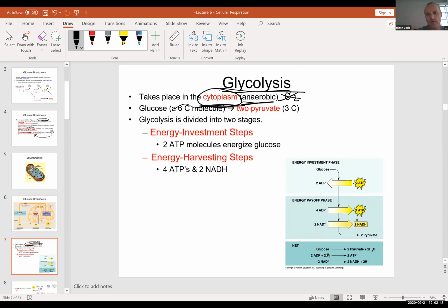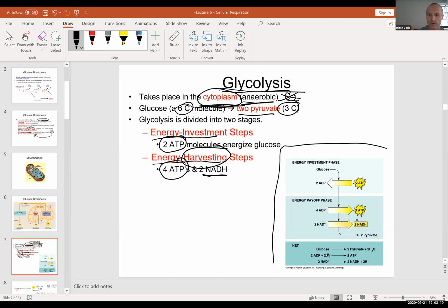A glucose is a 6 carbon molecule broken down into 2 pyruvates, because a pyruvate is 3 carbon. The first stage is the energy investment, where you input 2 ATPs, and the last step is the harvesting, where you obtain 4 ATPs and also 2 NADH.